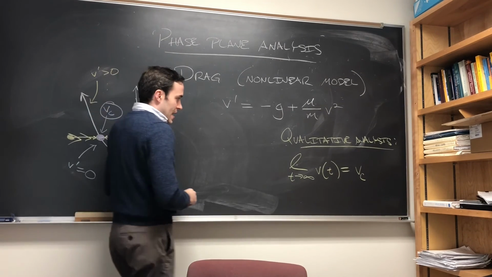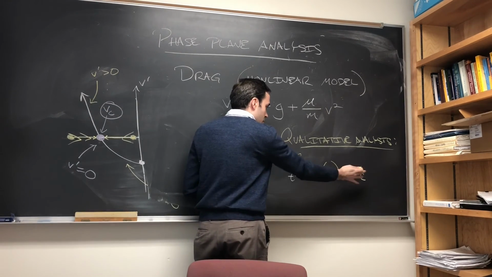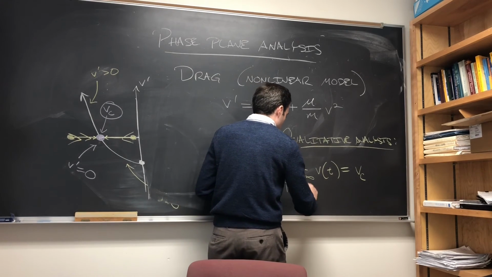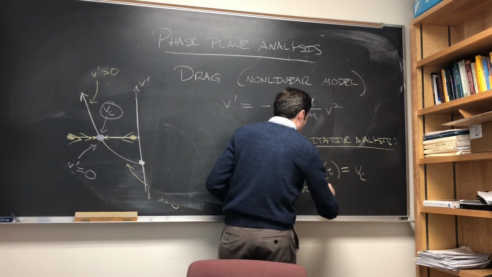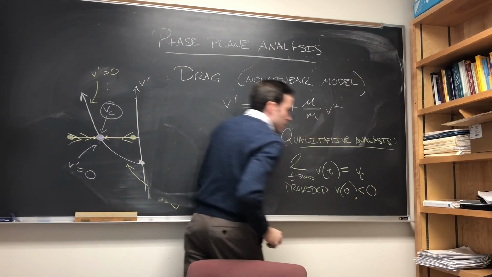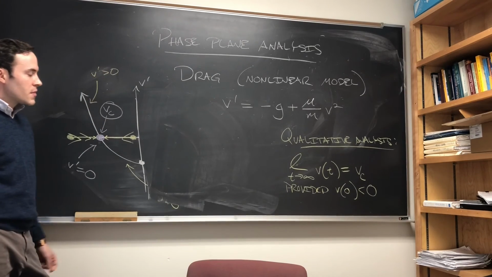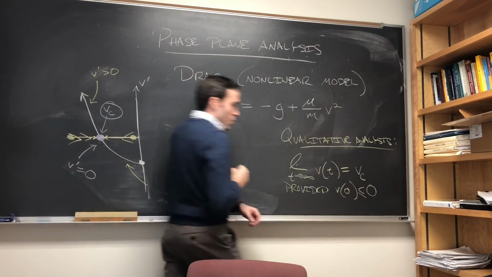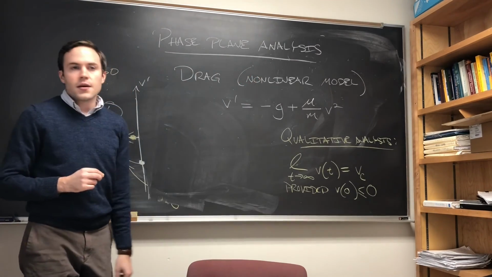So what we can say is that this limit on our velocity will be the critical velocity provided that v of 0 is less than or equal to 0. We could just be dropping it as opposed to throwing it.